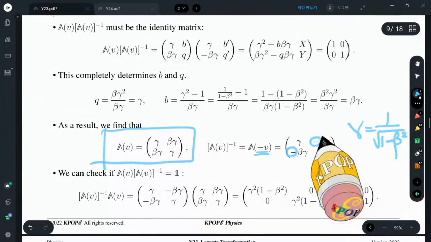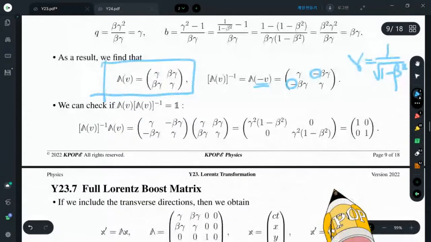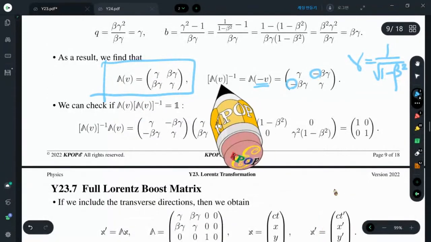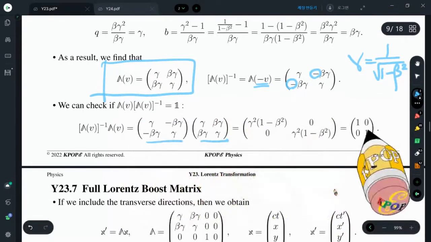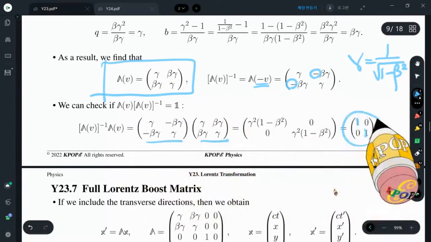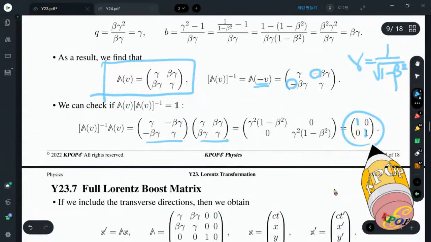It is always squared. As a result, we can multiply the inverse to find that the product is the identity matrix that returns to the same thing.